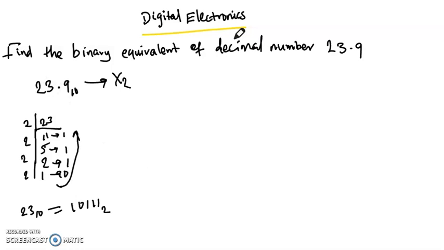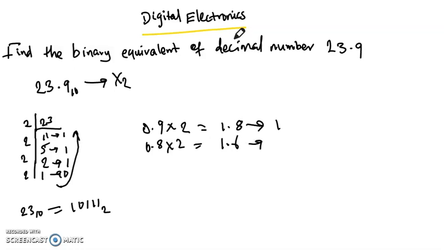So now we need to do the multiplication for the 0.9. Multiply 0.9 by 2. This will give us 1.8. So we take this 1, and we have 0.8. Multiply this by 2. This will be 1.6.